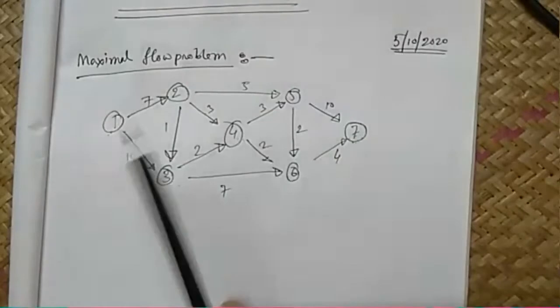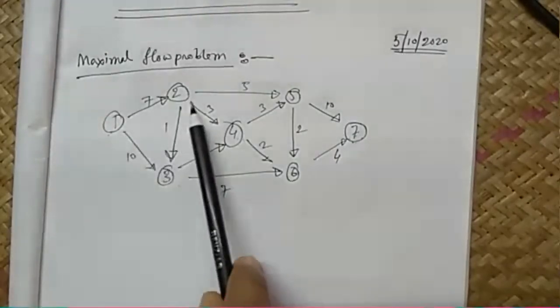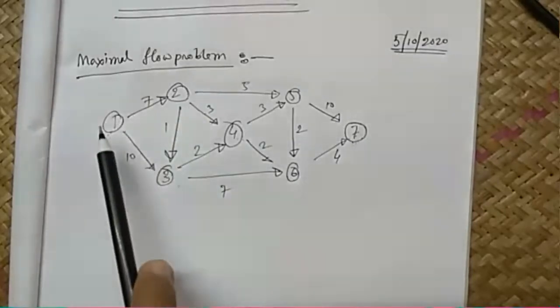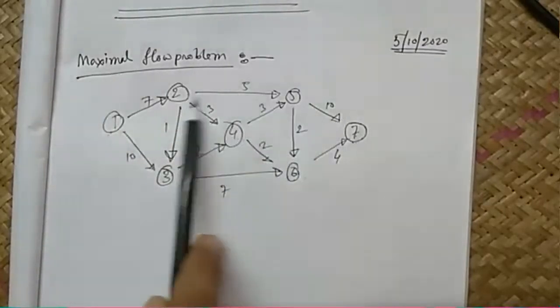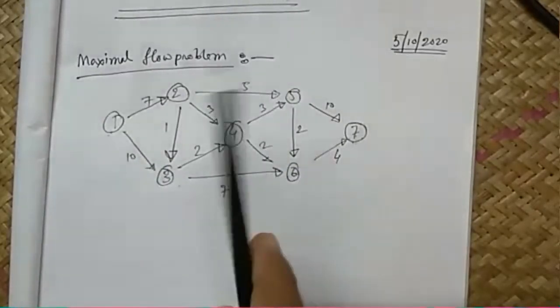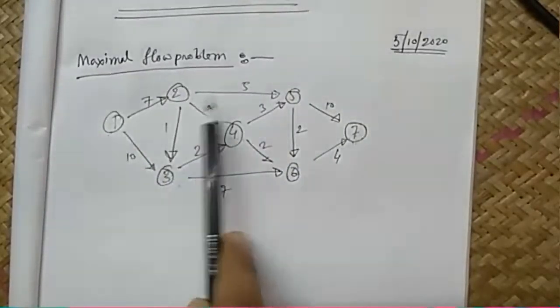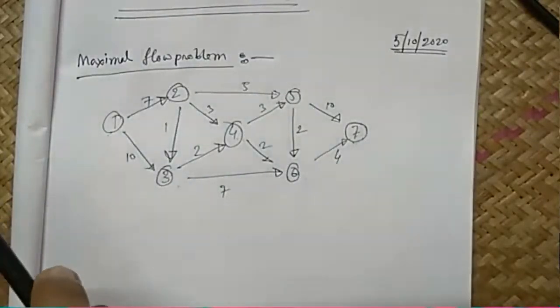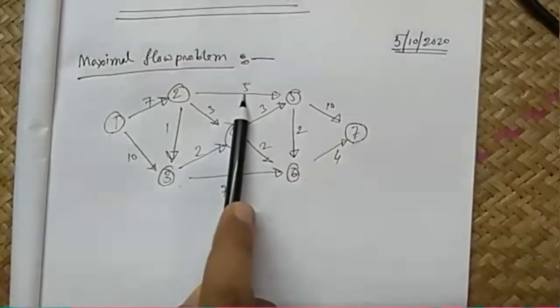Now if you choose a path which connects 1 2 5 7, you see the maximum flow that is possible is the minimum of the individual numbers. That means if you choose 1 2 5 7, the maximum flow of products possible is 5.